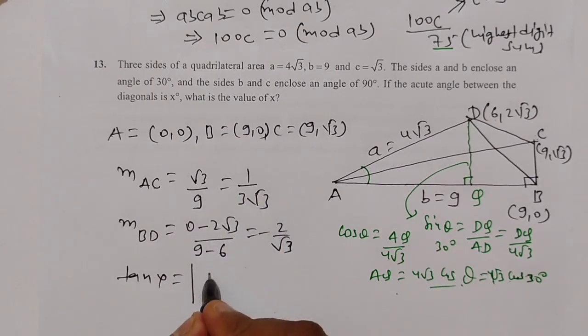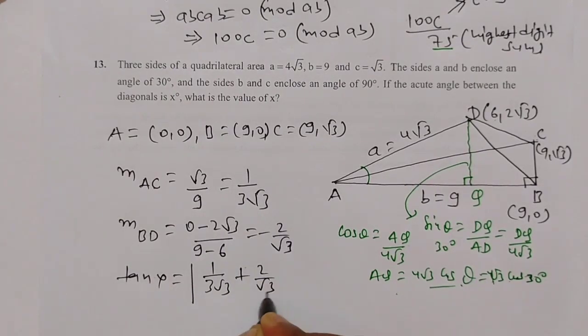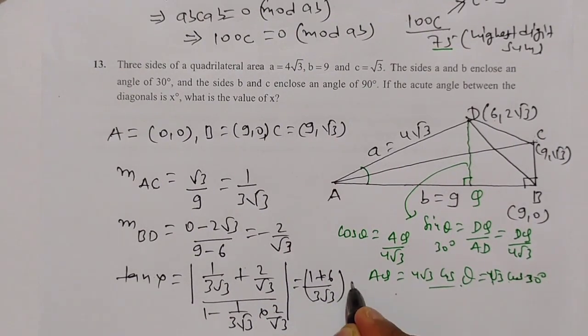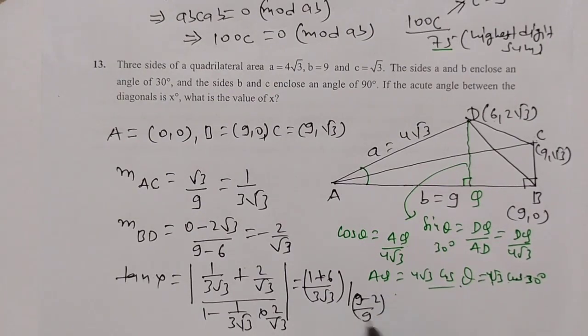So this is equal to 1 by 3 root 3 plus 2 by root 3 by 1 minus 1 by 3 root 3 into 2 by root 3, and this is equal to 1 plus 6 by 3 root 3 divided by 9 minus 2 by 9 in mod, and this is equal to square root of 3.